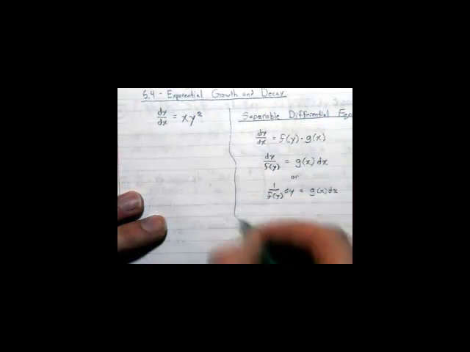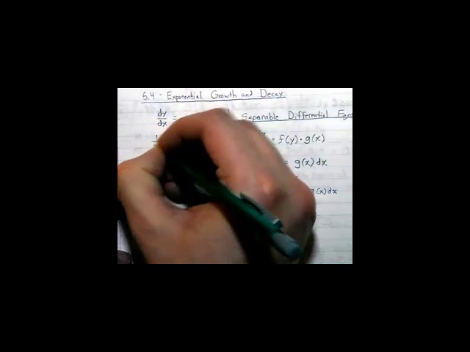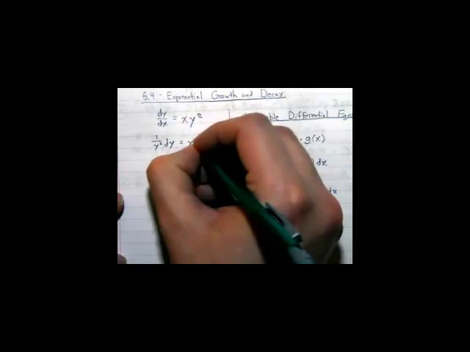Okay, so let's try this one. See if we can do it. So, if I separate this thing, I'm going to have 1 over y squared dy equals x dx.